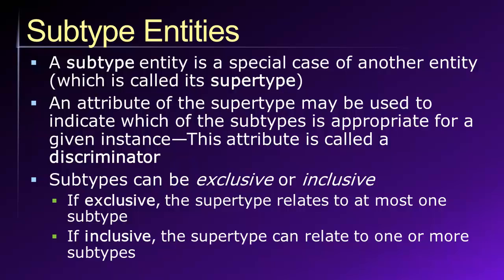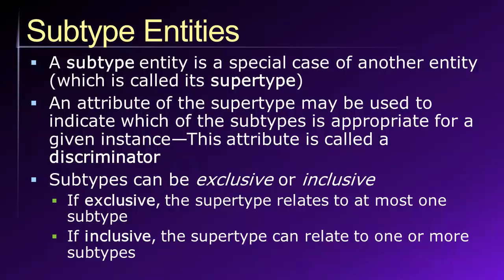By contrast, we might have inclusive supertype-subtype relationships, and in an inclusive supertype-subtype relationship, the supertype can be related to one or more subtypes. As an example, consider a university, where we might have a supertype that we call person, and we might have a subtype which we call student, and another subtype which we call employee.